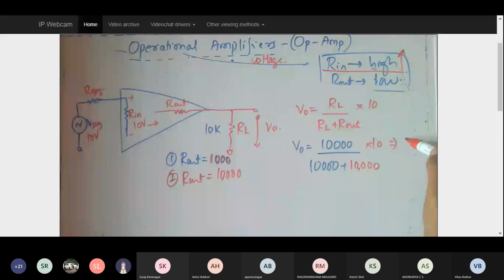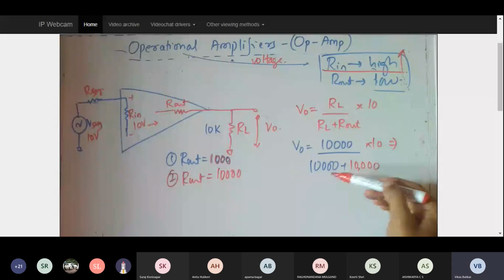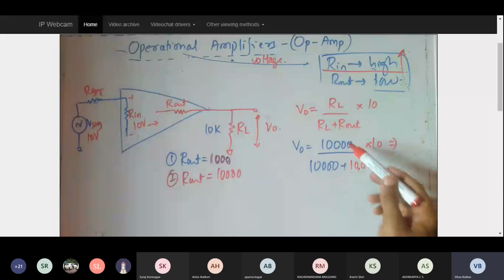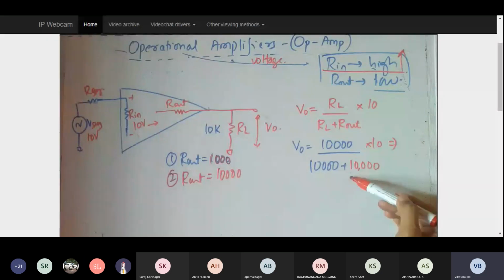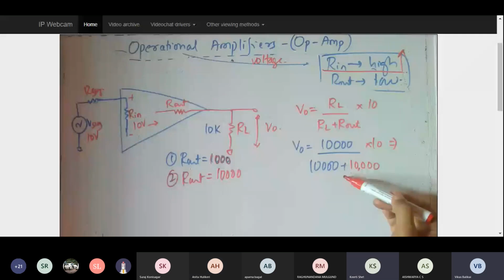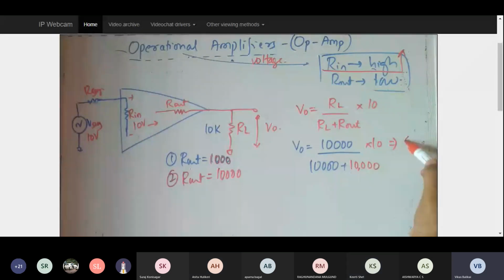Now the scenario is Rout is 10,000, so here I am changing. The numerator is RL, 10,000. So 10,000 divided by 10,000 plus 10,000, it will be 20,000. So 10,000 divided by 20,000 into 10. 10,000 divided by 20,000 is 1 by 2. 1 by 2 is 0.5. So 5 volts.